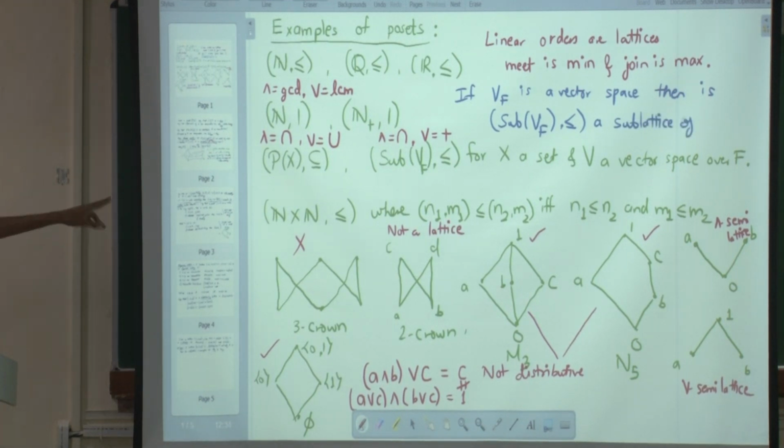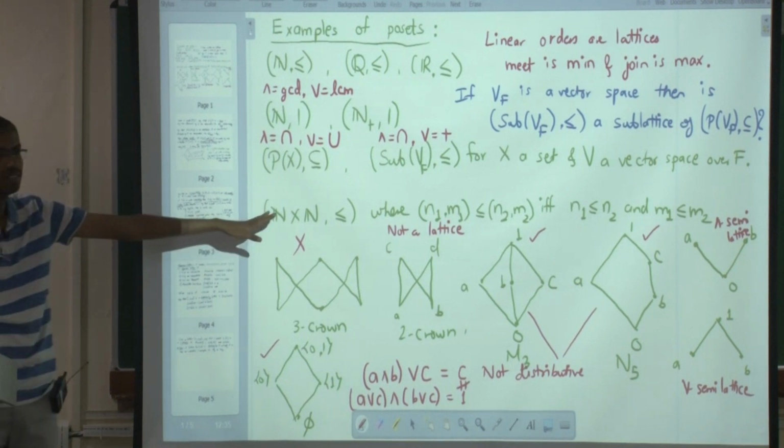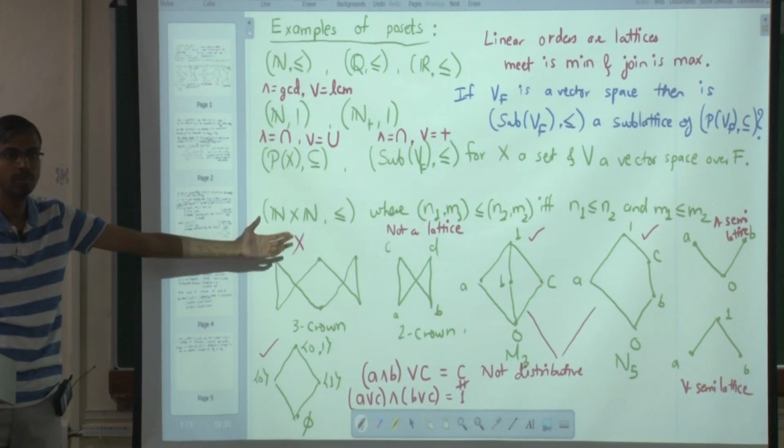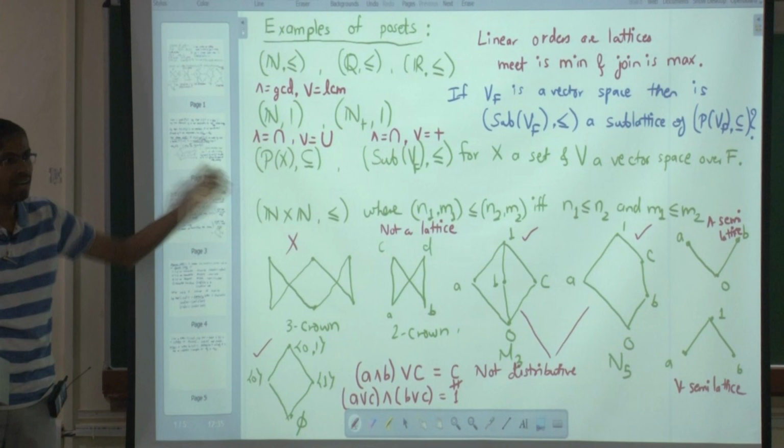We have seen they are both lattices. Is it a sublattice?